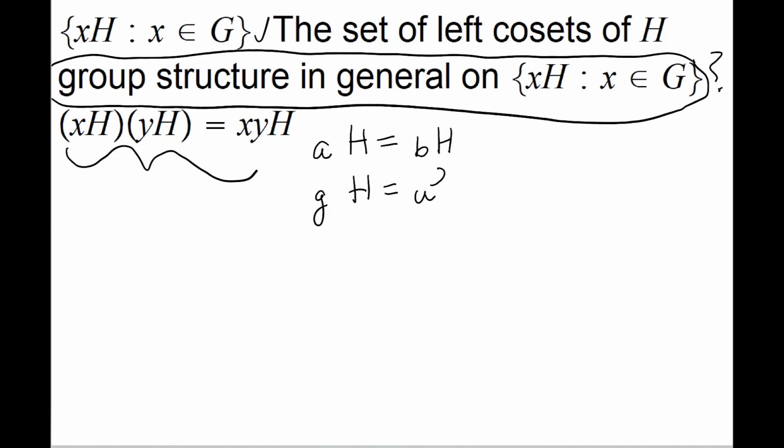So what should that mean is that agH should be buH to satisfy the condition that the operation defined by this is a valid binary operation, or in other words, it's a valid map.